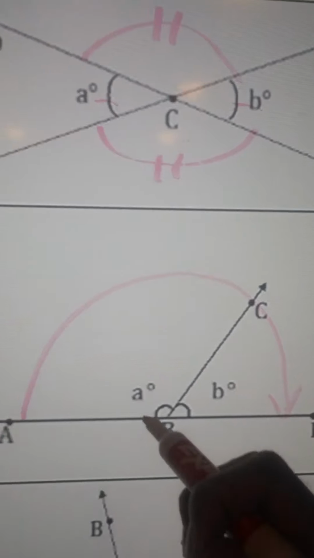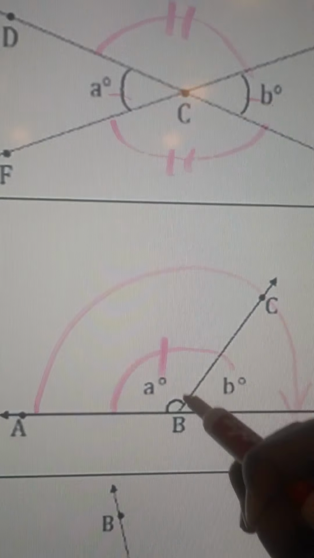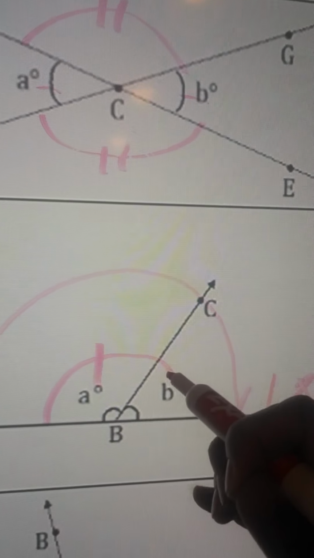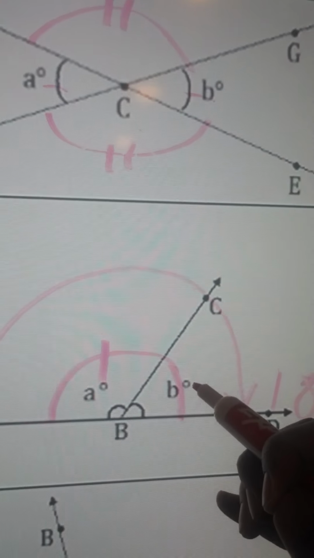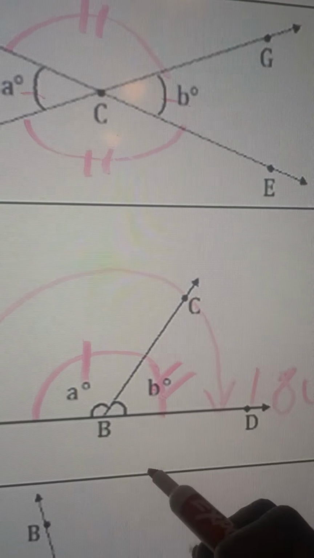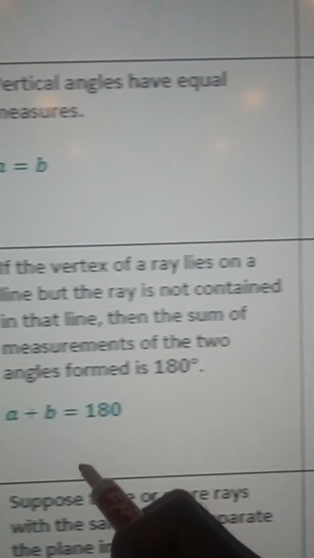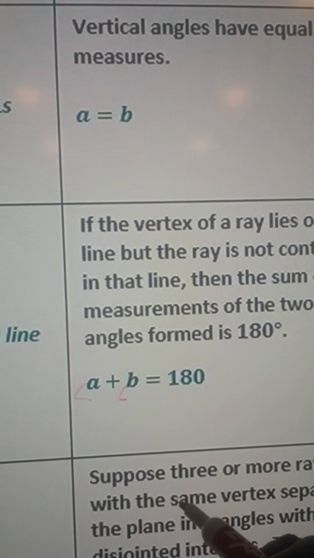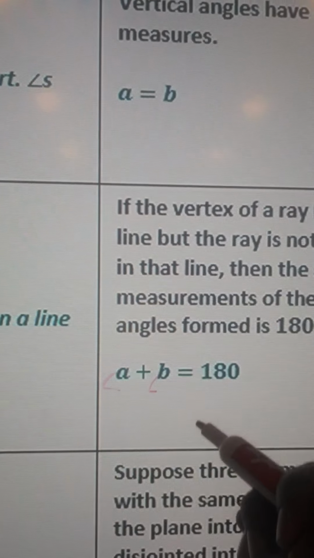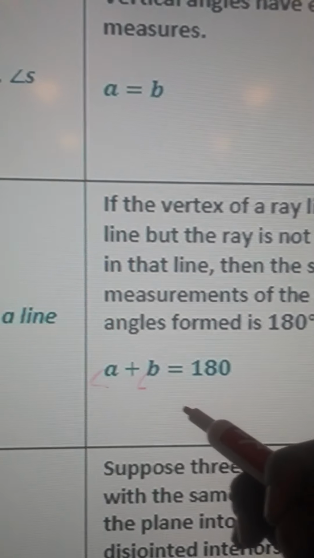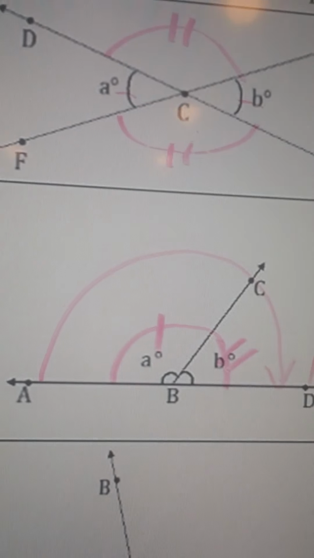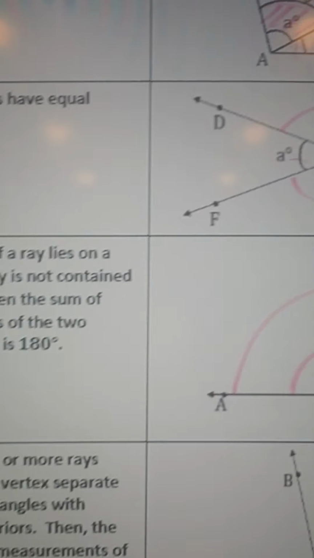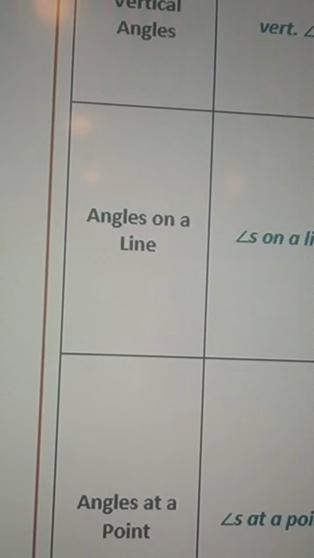So this angle A plus this angle B gives you 180 degrees. So angle A plus angle B, there should be little angle symbols here. Angle A plus angle B equals 180 degrees. And finally, angles at a point.